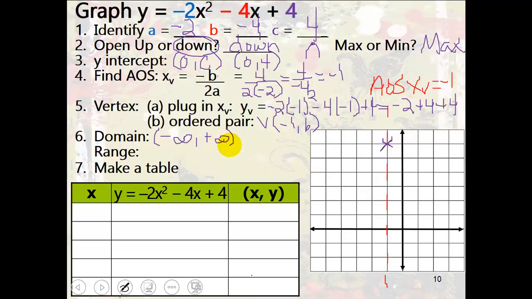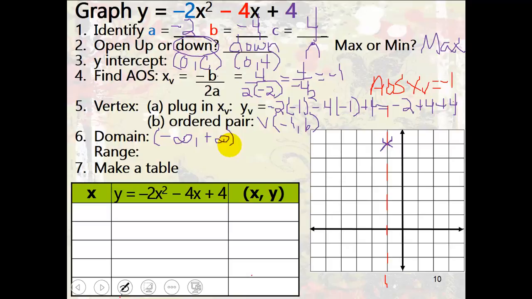The range, this is going to be a maximum. So this means that the y-coordinate of my vertex has to be my highest value, and everything else is going to go below it. If you don't see that right now, graph it and then come back to your range. But let me do it that way for you this next time.